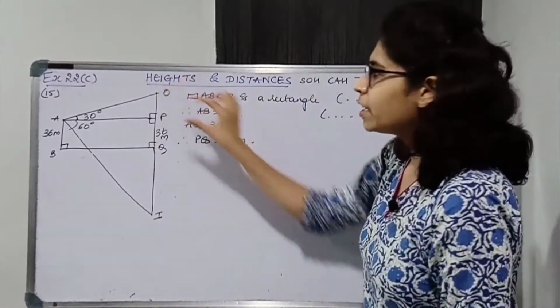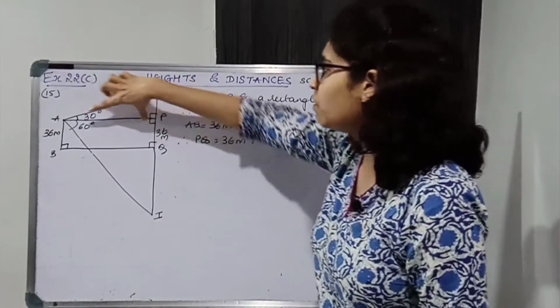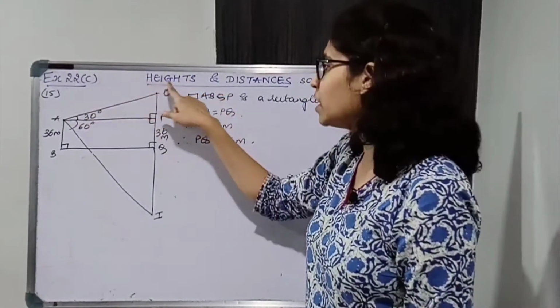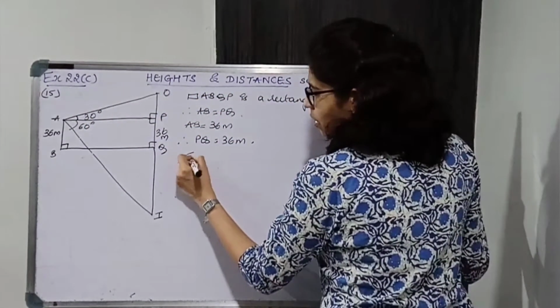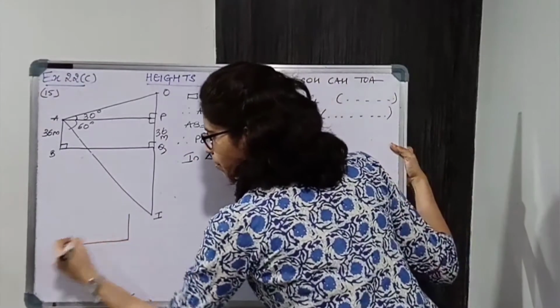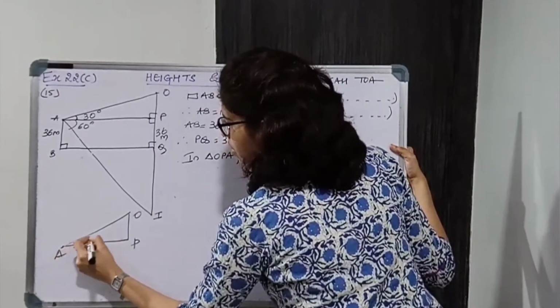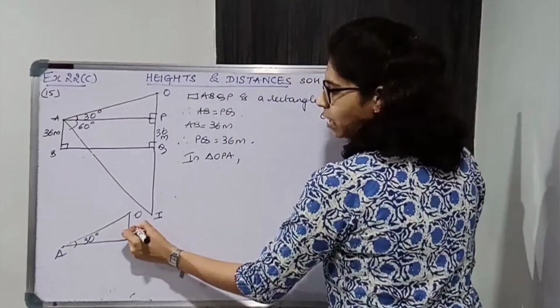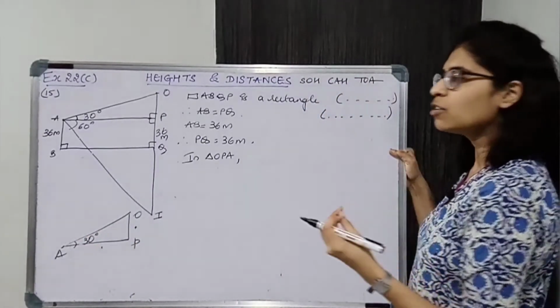Now we have to find OP. OP we will not get directly. What we'll do? We'll relate OP with AP. Okay, for that we'll consider triangle OPA. In triangle OPA, I'll draw this separately. This angle is 30 degrees. We have to relate OP and AP, the angle's opposite and adjacent sides. For that we'll take tan of the angle.